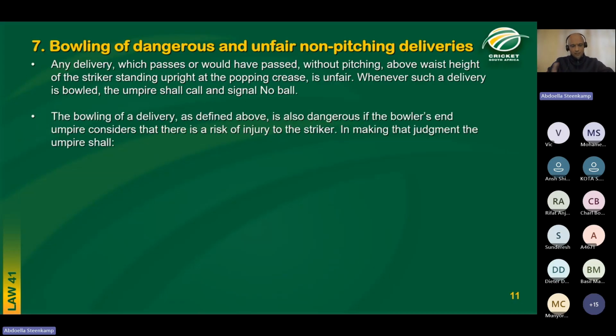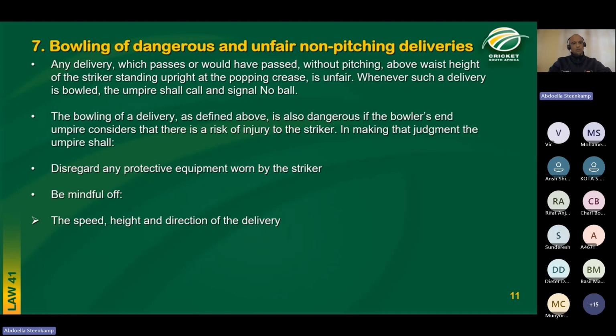Then, further, the law tells us we also now need to make the following call. If the bowler's end umpire considers that this ball is a dangerous ball, and that the ball would have caused physical injury to the striker. The law further guides us by saying, please ignore any protective equipment.